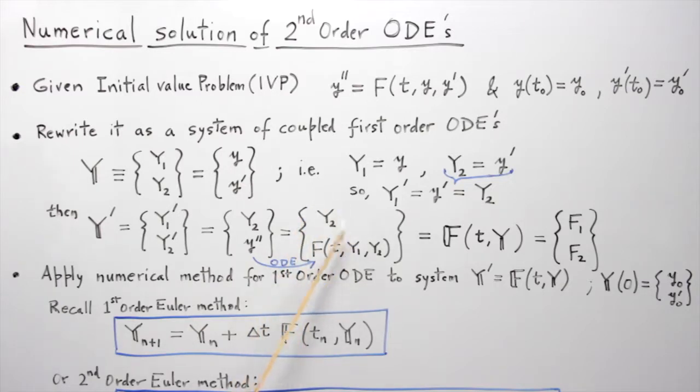And so now what we have, if we simply define this vector as a vector capital F, which depends on t, and the vector capital Y with components capital F1 and capital F2, what we have is a system. The second order differential equation has been recast as a system of first order differential equations, two first order differential equations to be precise.